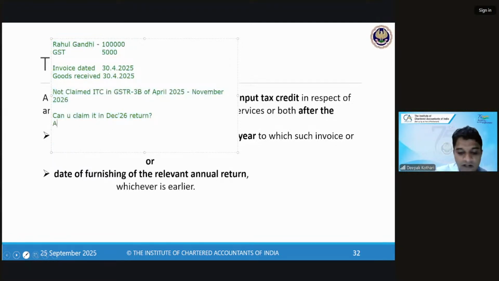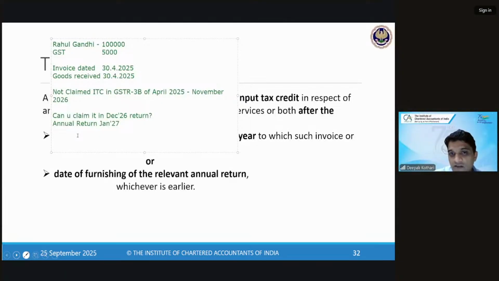Okay, one more twist I'll add. Annual return, you have filed it in January 2027. Now, can you claim it in the December 26 return? Now, Ashlisha is saying yes, you can claim it. Kuldeep also is saying yes.